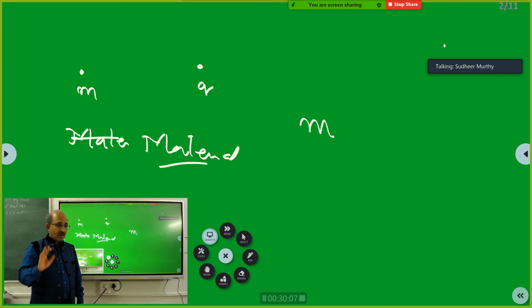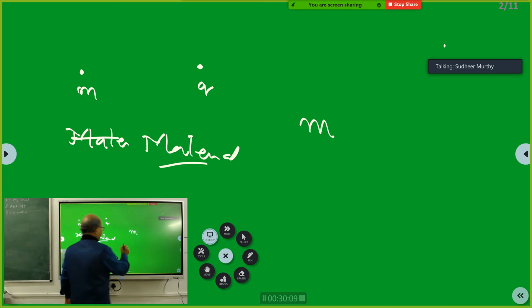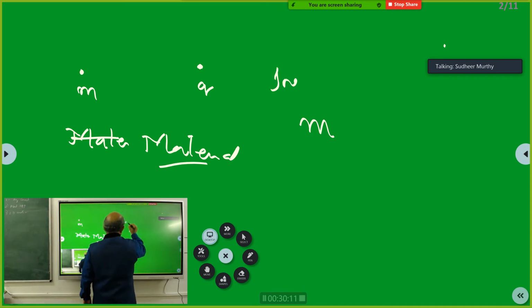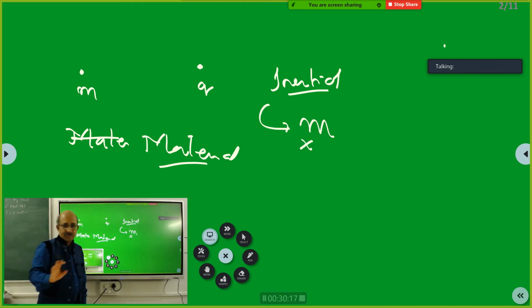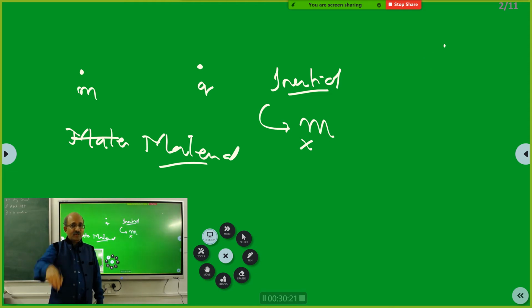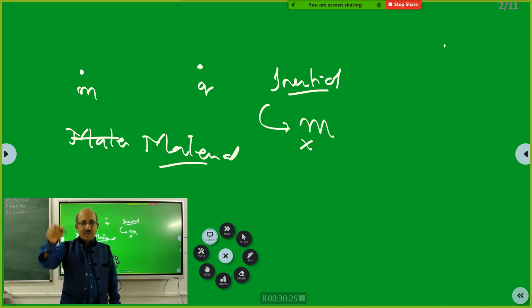Now, when I say inertial, you have to know that it is not only M. There are different types of inertia. M is the measure of the inertia.